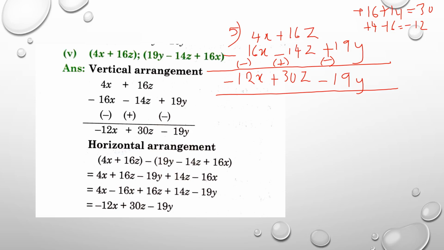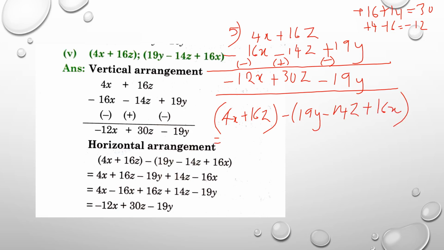Now let's do the horizontal method. 4x plus 16z minus 19y minus 14z plus 16x. Open the bracket. 4x plus 16z minus 19y. Now minus and minus will become plus 14z, minus and plus will become minus, so minus 16x.